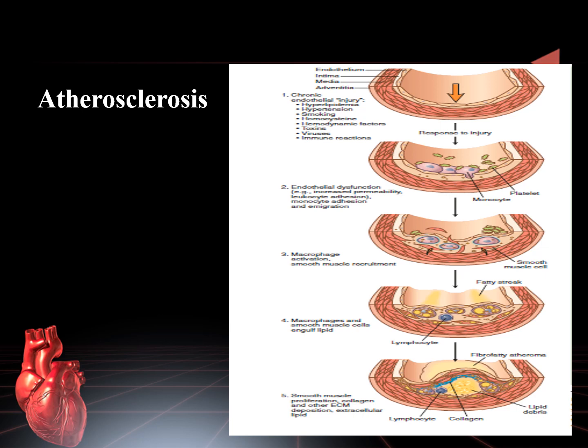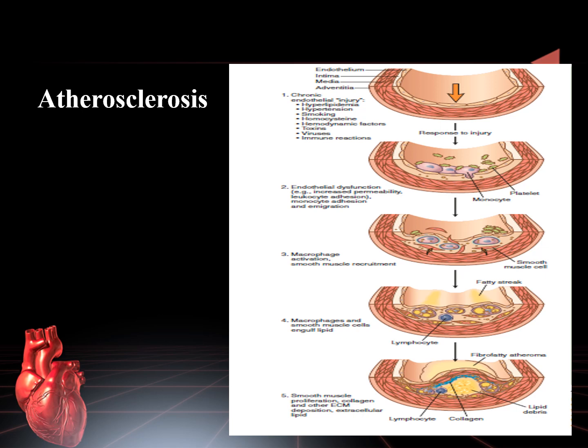Here they again activate the macrophages and the process repeats. Foam cells concentrate in the damaged part of the intima, and platelets synthesize growth factors. These factors stimulate the migration of vascular smooth muscle cells into the intima and their proliferation.